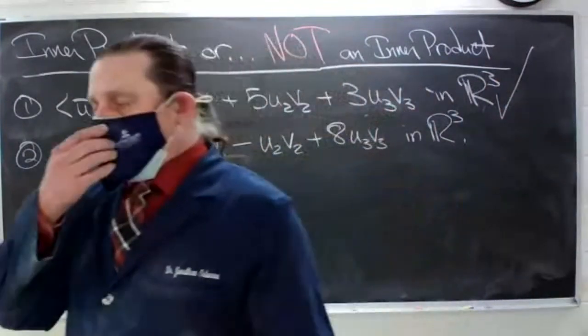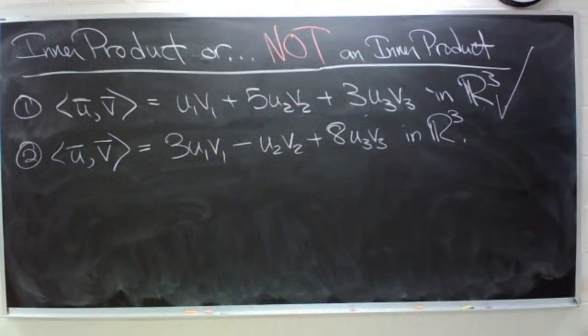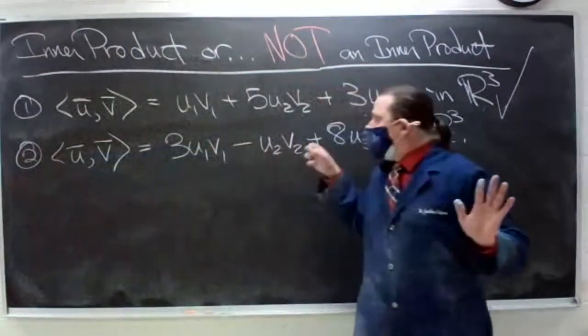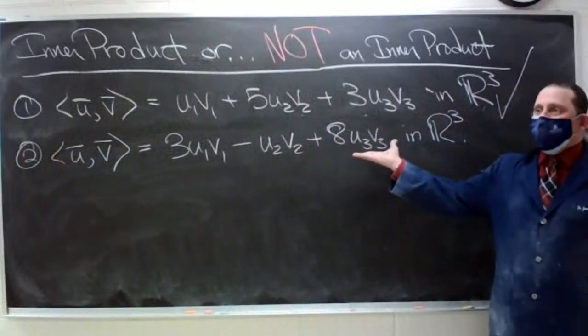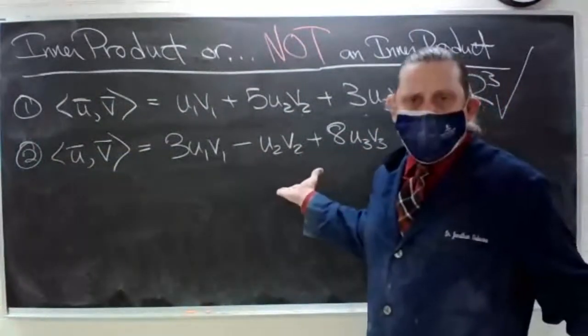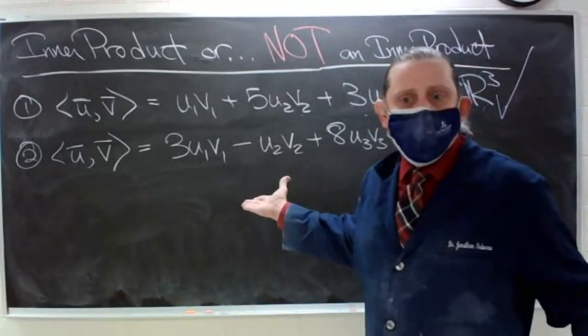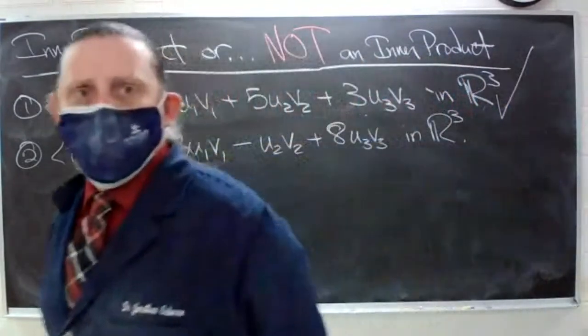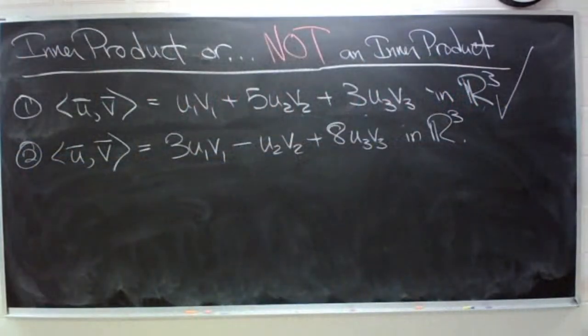Here, we run into a bit of a snag. Not with linearity. This inner product is perfectly linear. It's also symmetric. So why am I saying there's a problem?